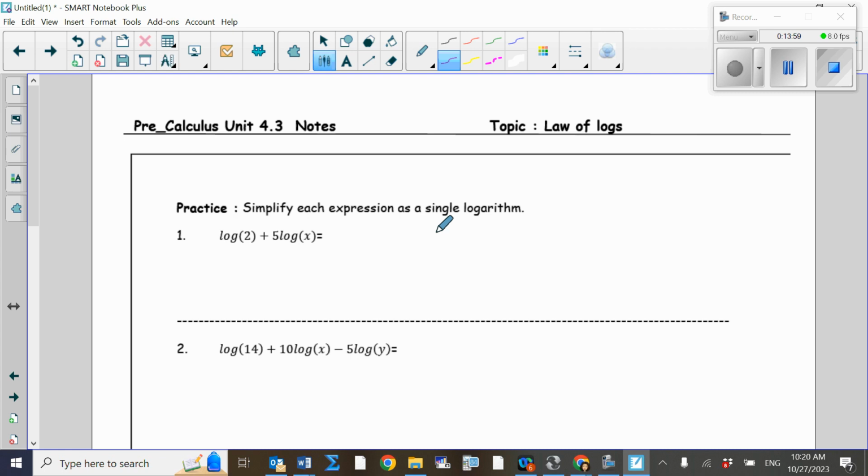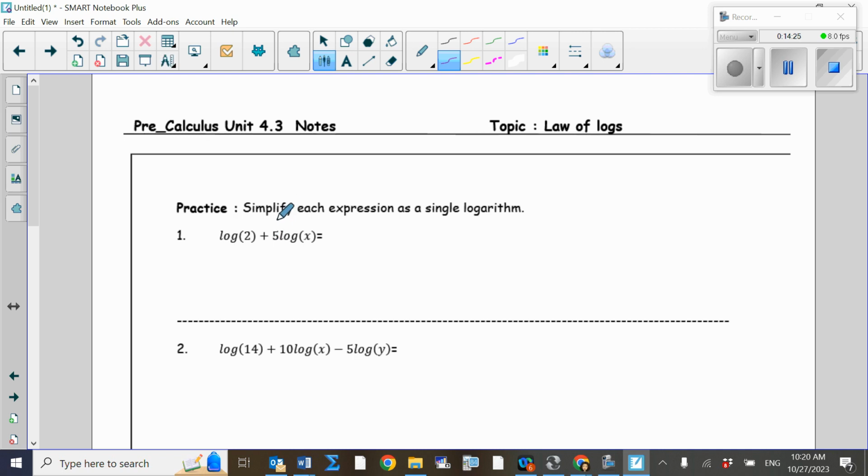The examples that we have on the second page, this time we're going to condense them into one log. So we want to simplify each expression as one single logarithm. So always when you want to condense, look at the coefficients of the log. So first of all, look for any log term that has a coefficient behind that.